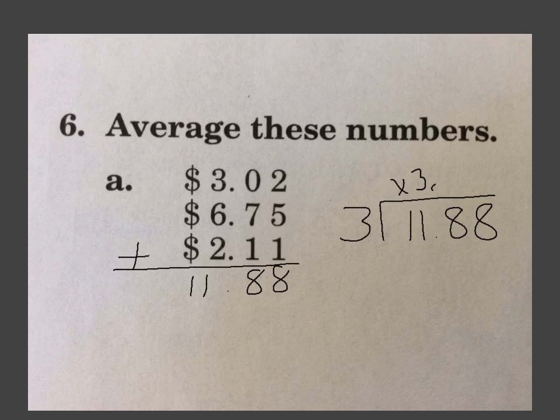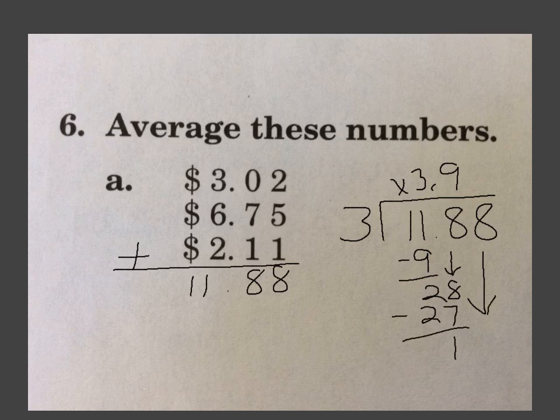3 times 3 is 9. Subtract, you get 2. Bring down the 8. 3 goes into 28 9 times. 3 times 9 is 27. Subtract, you get 1. Now you bring down the 18.